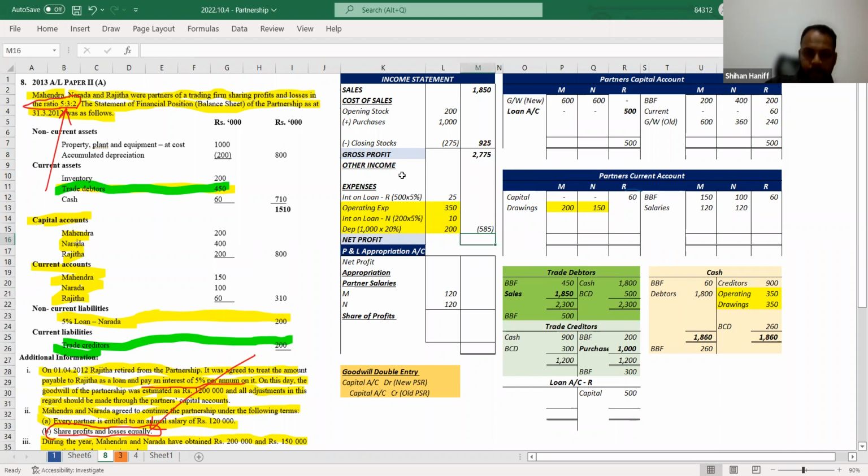Net profit is 340. Share of profits 100, that will be divided between the partners M and N equally.